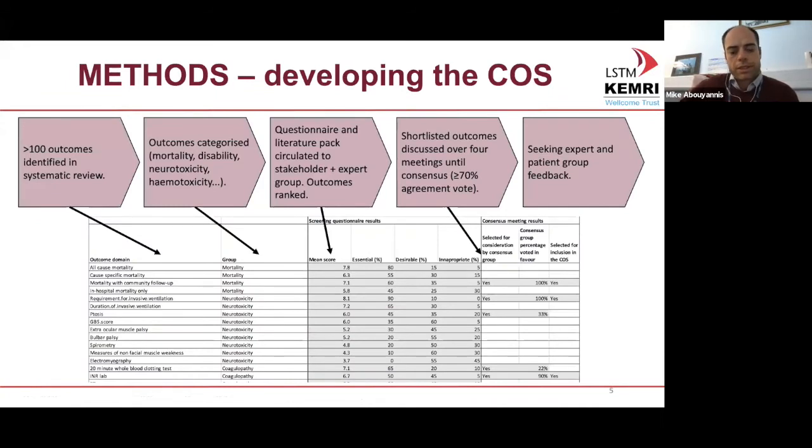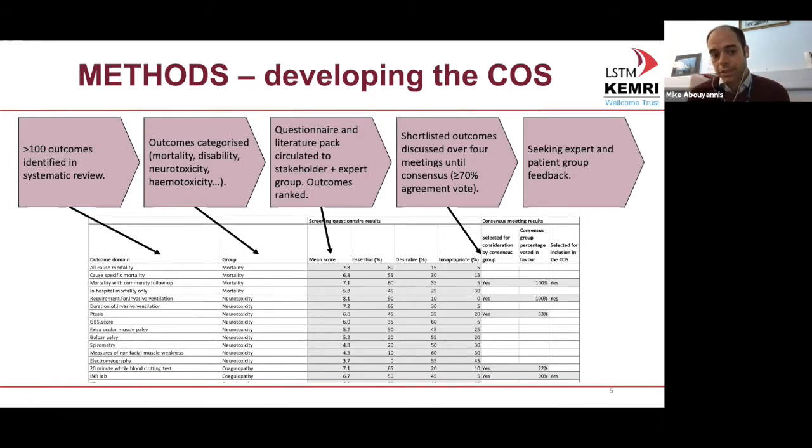And so this slide aims to give a summary of how we whittled down the outcome measures. So we started off with over 100 from the systematic review. We then categorized these, as mentioned, into the syndromes of envenoming. We then developed a literature pack providing background literature in an unbiased way, and shared this with stakeholders and expert groups along with the questionnaire.